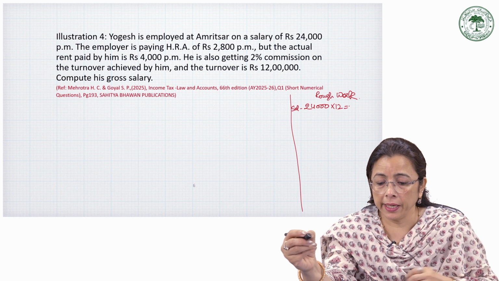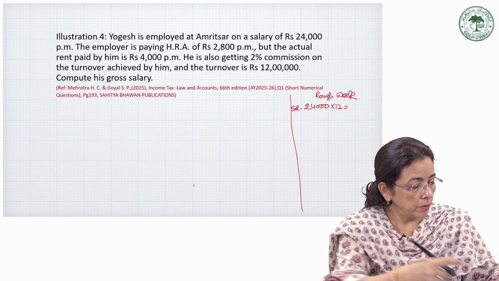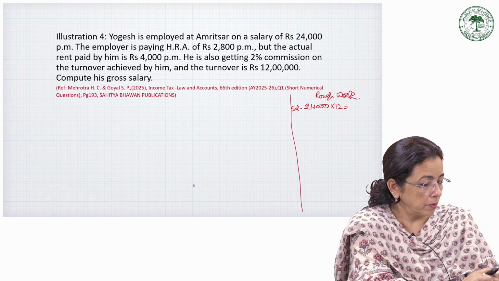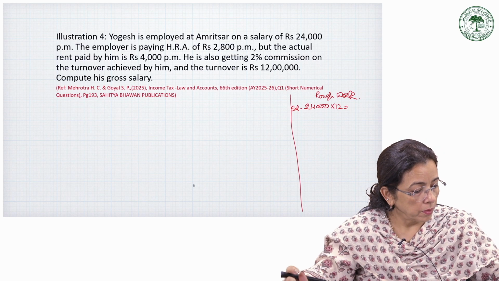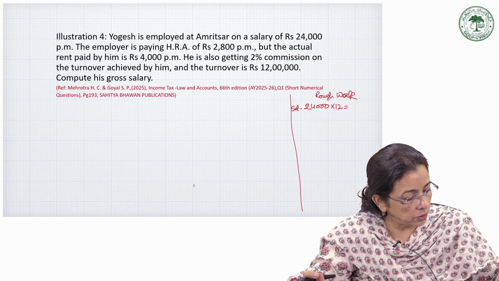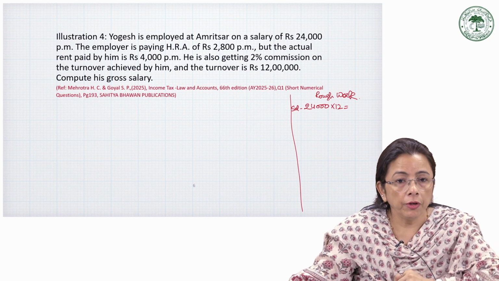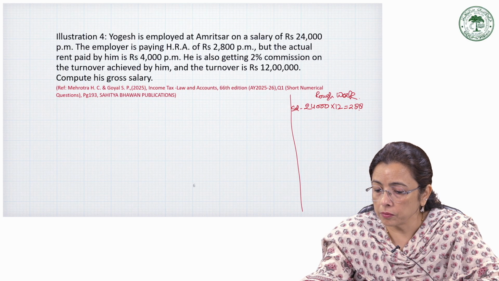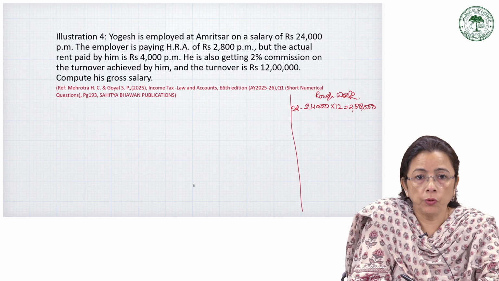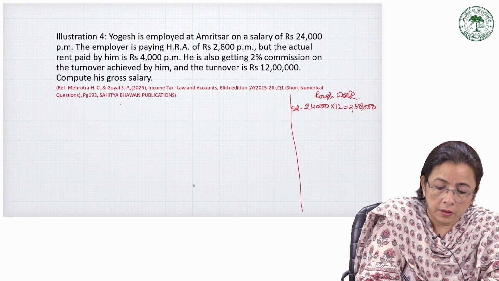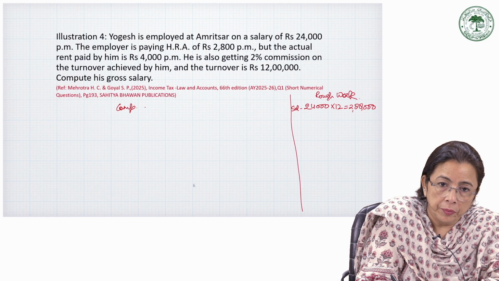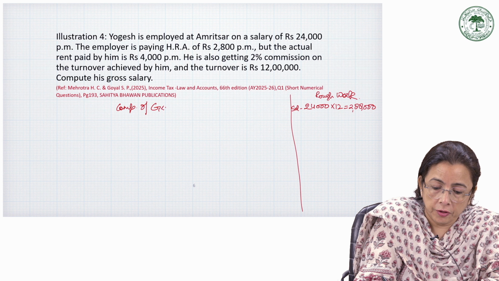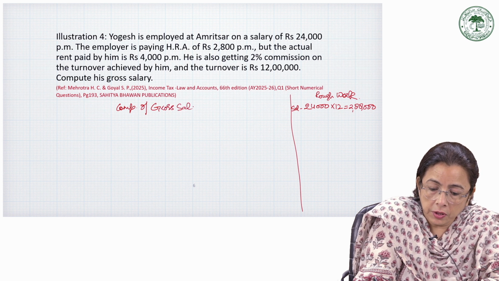So when we multiply it by 12, let us calculate 24,000 into 12, we get 2,88,000. So maybe we can start doing the question, that is the computation of gross salary.